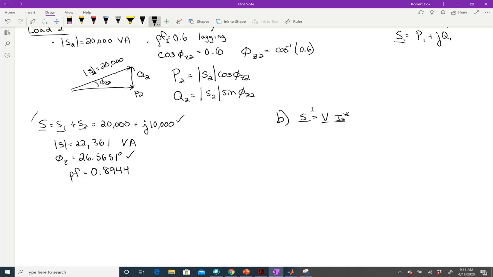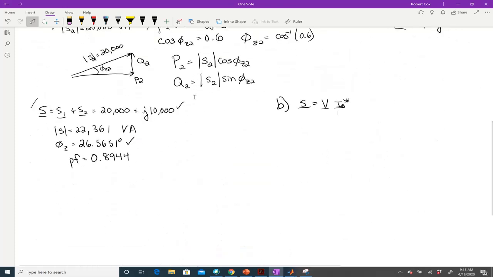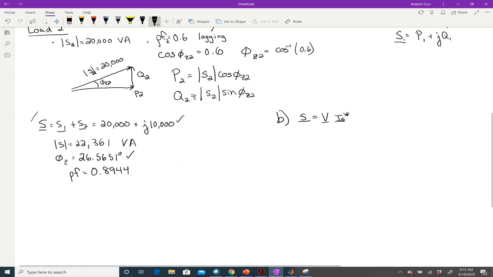In this case, it's called I sub S for the current coming out of the source. And I'm told specifically that the voltage has a magnitude of 250 with an angle of 0. So S, which we know to be 20 kilowatts plus j times 10 kVars, that's just taking this value over here, equals 250 times I_S conjugate.